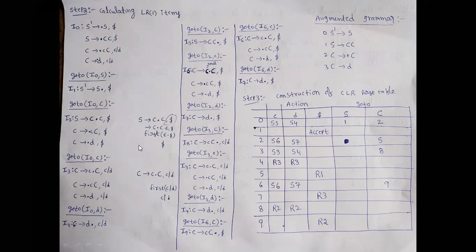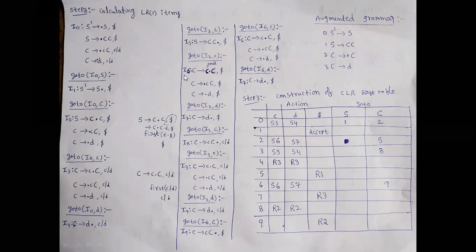Not equal. Why? Because the look ahead here is c or d, c or d, c or d, but here the look aheads are dollar, dollar, dollar. So there is a difference between the two productions. Then we have to give a different name to this production. So I5 state is completed, then naming the I6.